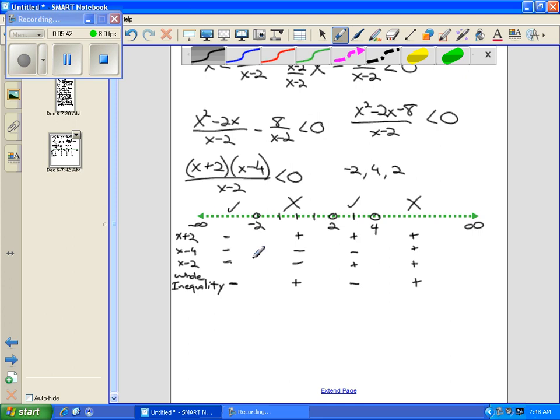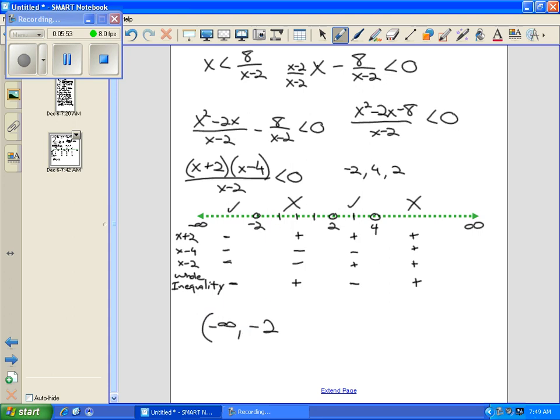I'm going to list them in interval notation here. So I know that between negative infinity and negative 2, any of those values will satisfy this inequality. And then we jump over to between 2 and 4, so I'm going to put a little union sign there, and the values between 2 and 4.